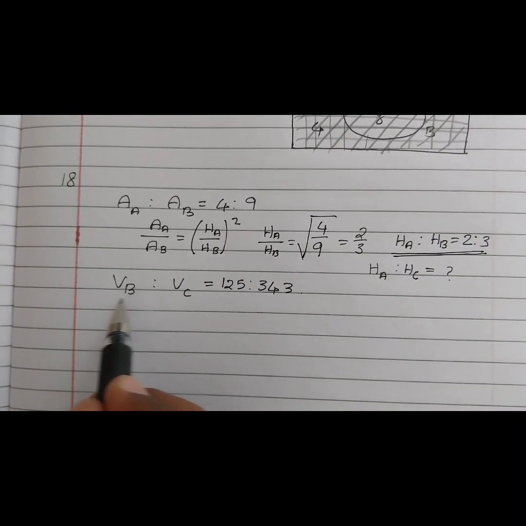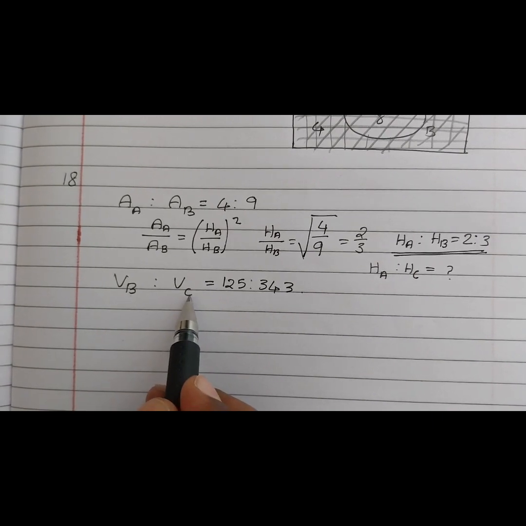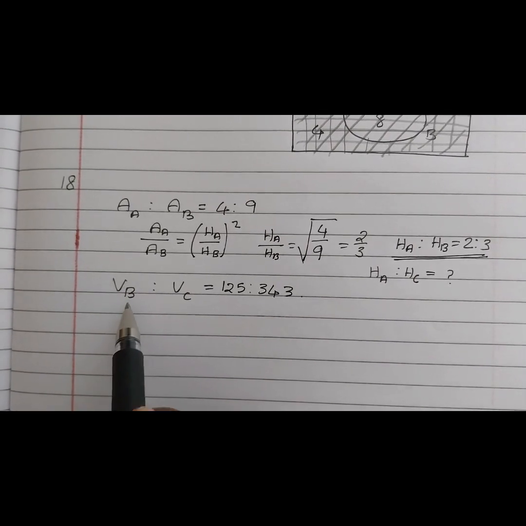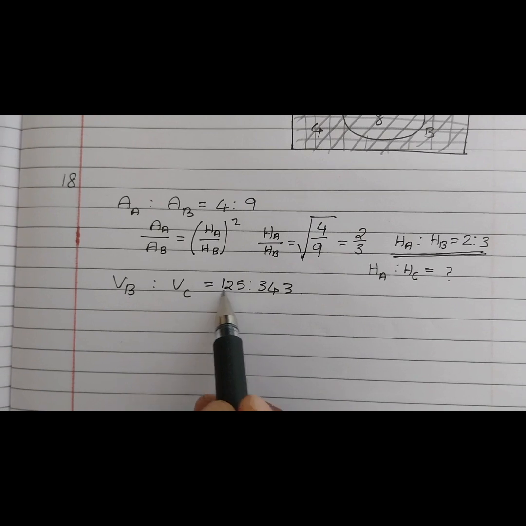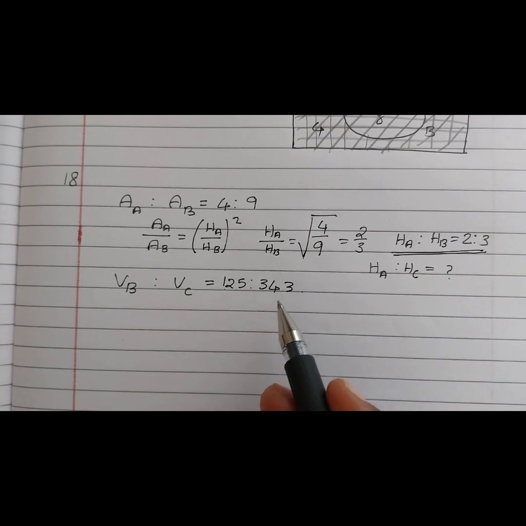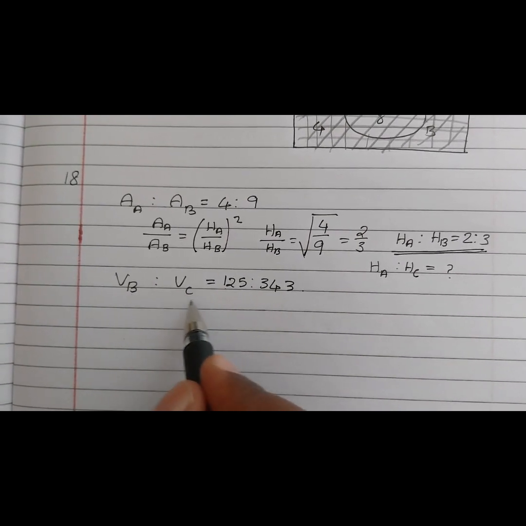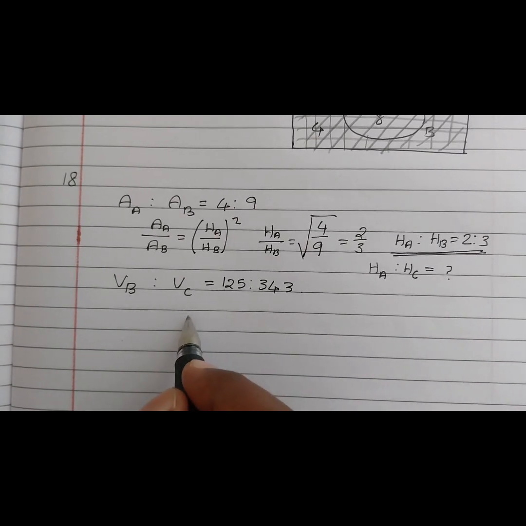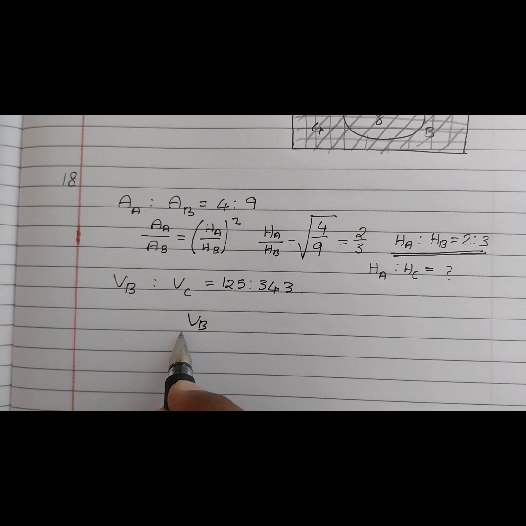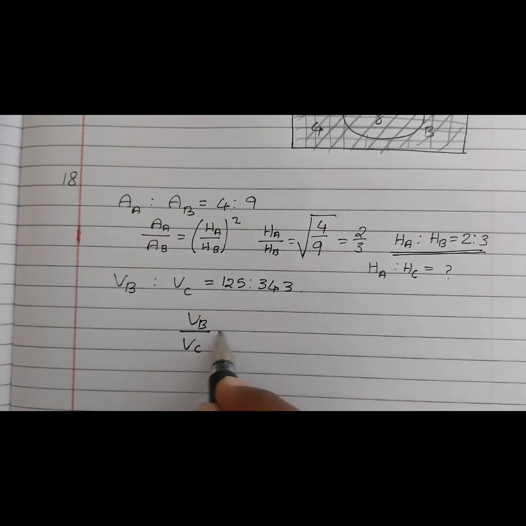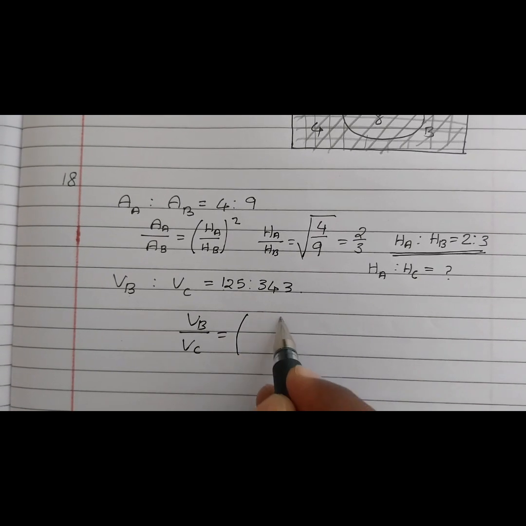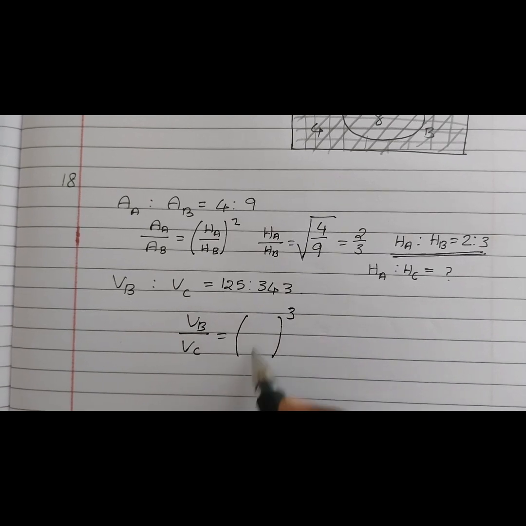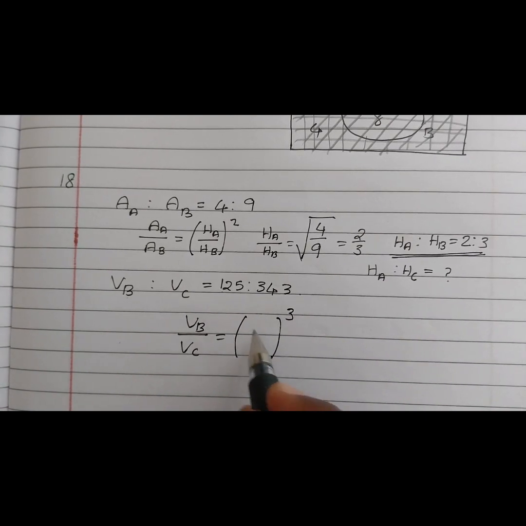Now let's move on to the next two shapes, B and C. The relation is given as volume of B is to volume of C is 125 is to 343. You know the relation between volumes of two similar shapes is in this way. Volume of B over volume of C is the cube of the ratio of the corresponding sides.